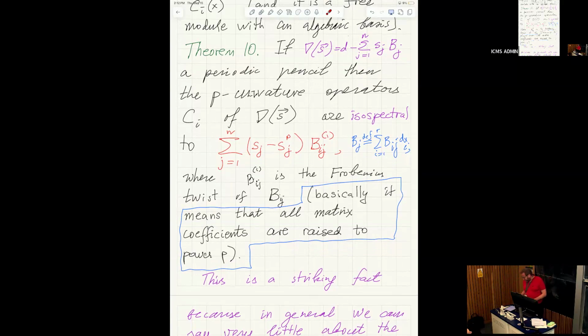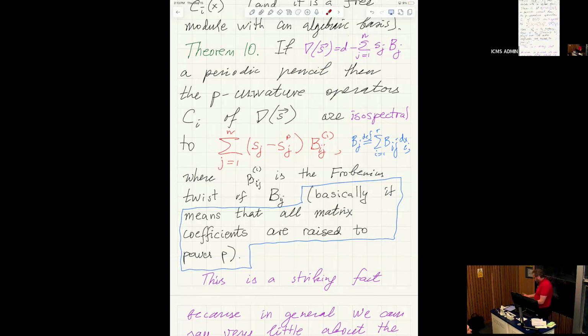So for periodic pencils, p-curvature is a way in algebraic geometry to take a semi-classical limit, because differential operators d to the p and x to the p are central, and we basically reduce everything to polynomial algebra. Then p-curvature of a pencil has a leading term with s to the p, and computing that leading term is basically the WKB approximation.